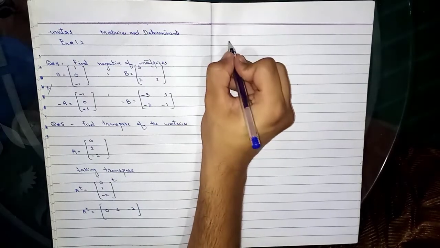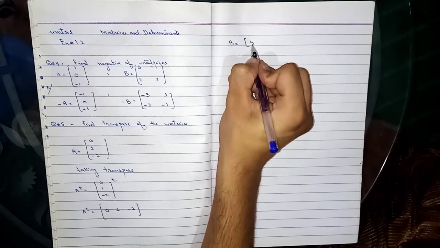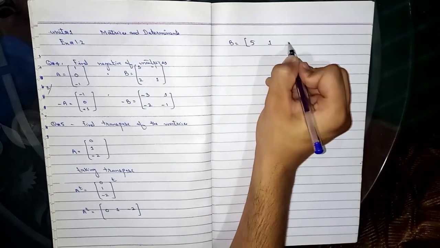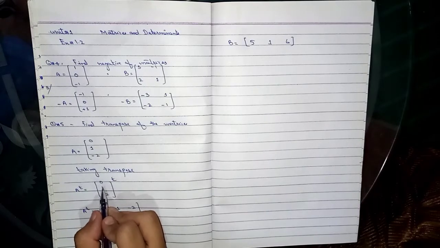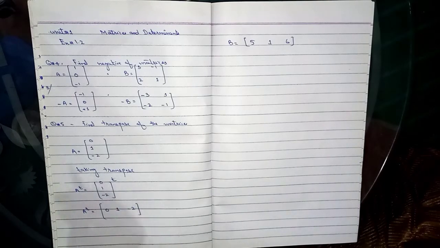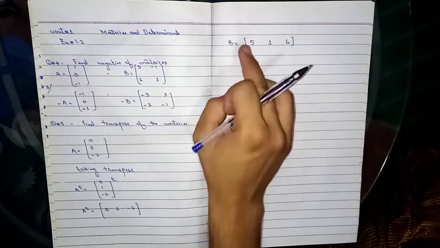Similarly, in B, to find the transpose, we will change row into column. In this part we have only one row, so this is a row matrix, and in part A we have only one column, so it is a column matrix. It means by taking transpose, a row matrix changes into a column matrix and a column matrix changes into a row matrix.